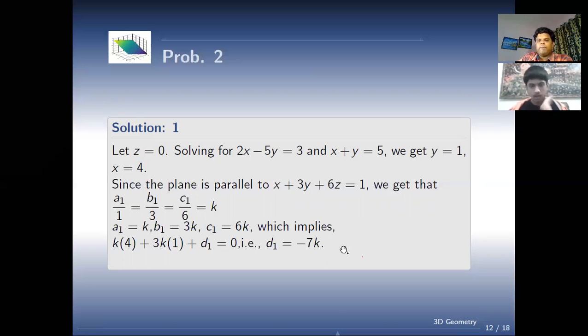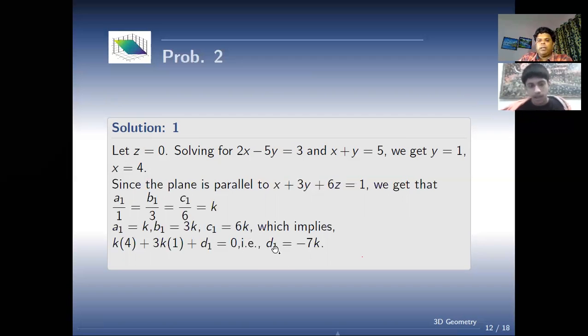Actually, where are these 4 and 1? Here, we got y equals 1, x equals 4, z equals 0. This is a point in the plane. So a1 times x plus b1 times y plus c1 times z, and z is 0, plus d1 is equal to 0.